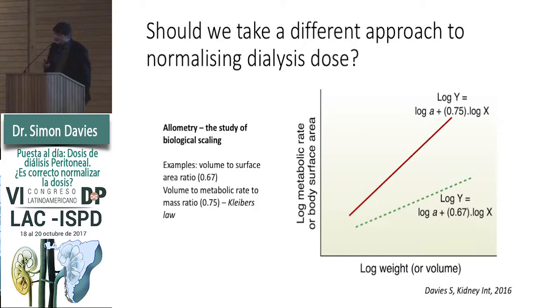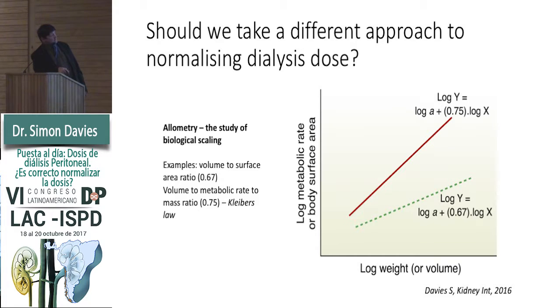So should we be taking a totally different approach to normalizing the dialysis dose? Well, this is where I need to introduce you to the concept of allometry. Allometry is the study of biological scaling. What I've shown here are a couple of examples of the best known scaling relationships that have been observed in the biological world. The first one is the link between the weight or volume of a patient, person or animal and its metabolic rate.